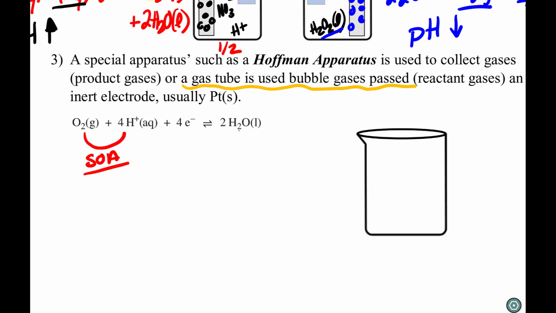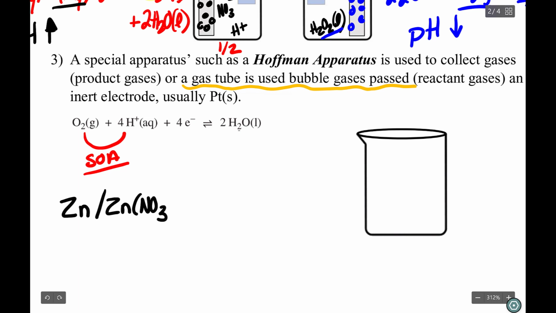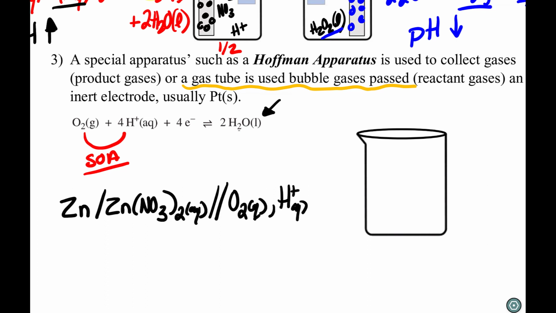So let's say we had zinc as our anode. So I'd have zinc and then say maybe zinc nitrate solution on my anode side. I'm just completely making this up. And then how this would look in cell notation would be something like this: O2 aqueous, H+ aqueous, and then they may or may not throw in an anion in there.